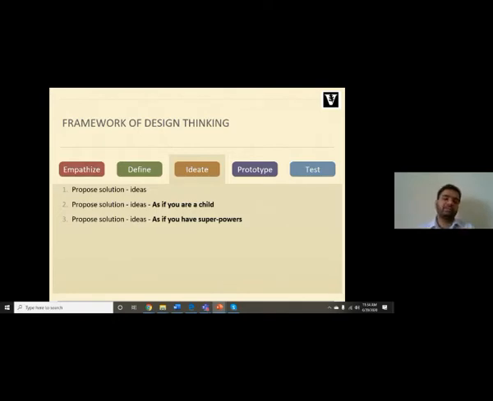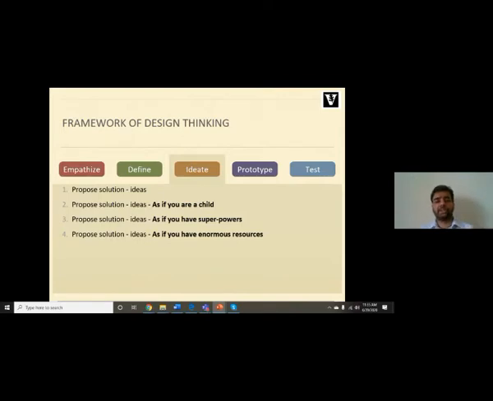So now assume that you are not the normal you, but a Superman or some superhero. Now how will you solve the problems? The solutions that you propose right after this assumption will be a completely different set of ideas than what you propose normally or as a child. So this will give you another set of perspectives.